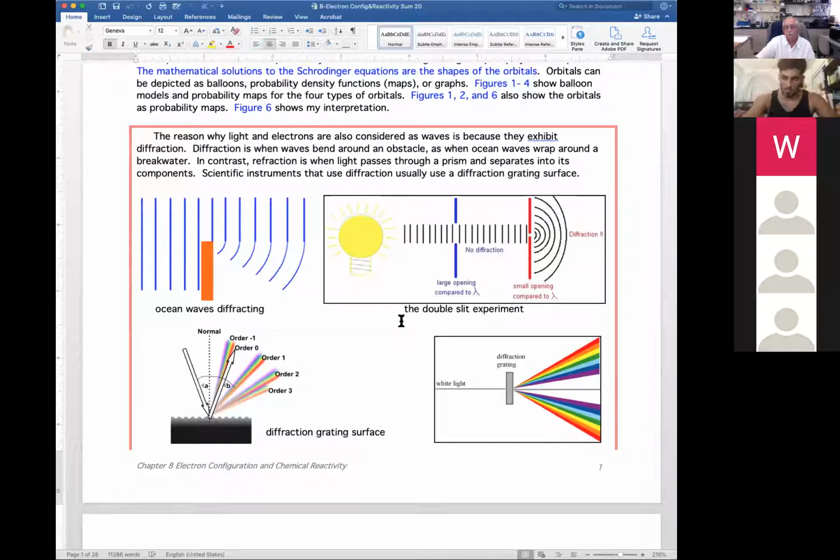So it has wave properties, and it also has particle properties. By the way, the theoretical particle of light is called a photon. And it has probably close to 0 mass, if any mass. But theoretically, it does have mass.